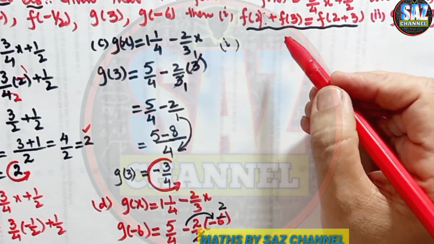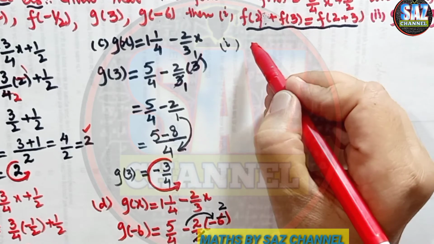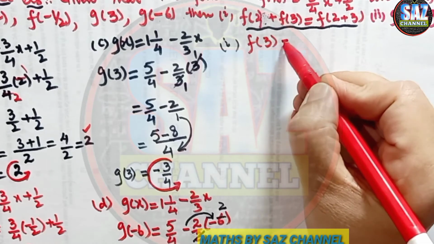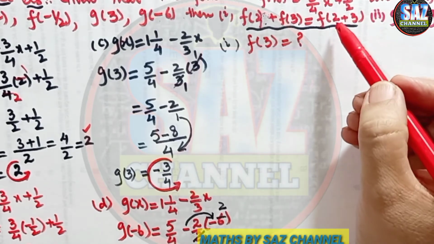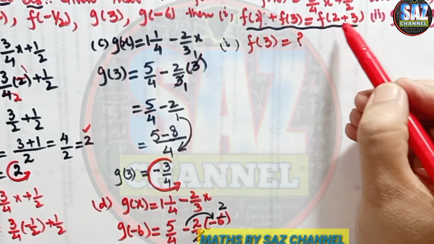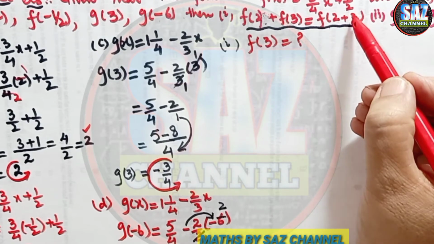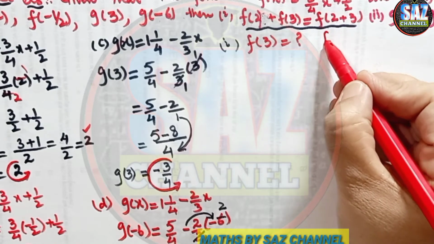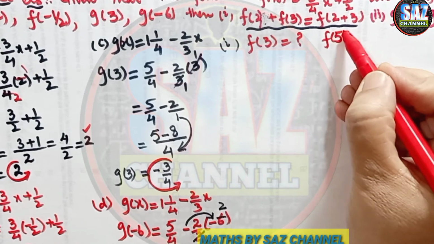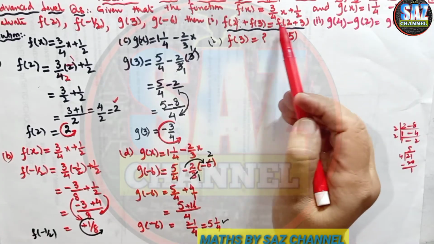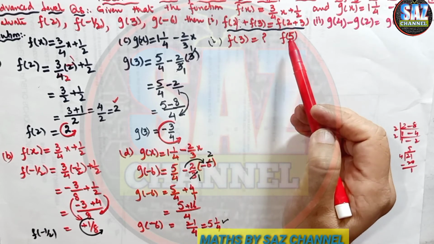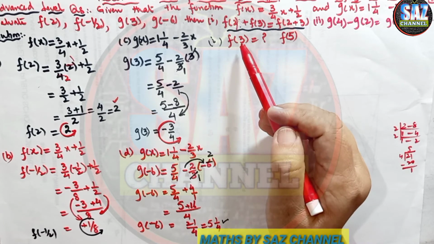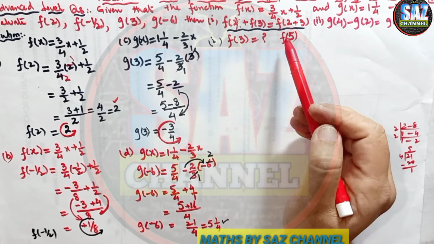First again I have to evaluate the answer of f of 3, and then for the right hand side I have to first find the sum of these two numbers, that is 2 plus 3 is 5, and f of 5. So before the decision I have to find the values of these two expressions, that is, I have to evaluate the function f at 3 and 5.